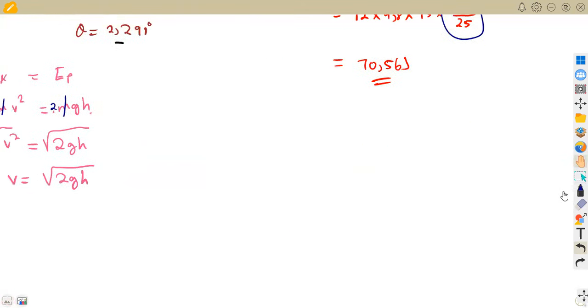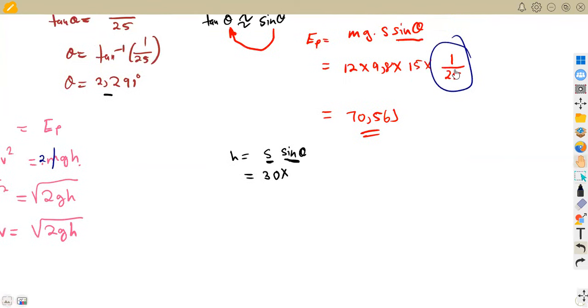Our height, remember, is equivalent to s sine theta, whereby s is the displacement of 30 meters. So it's 30 times the sine of theta. We are saying it's an approximation to tan, which is 1/25, just like the previous case. So this is going to give us 1/25, therefore you are going to obtain your h as 1,2 meters.